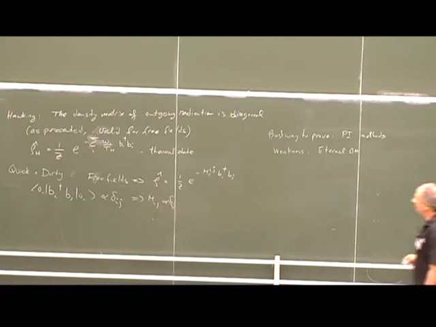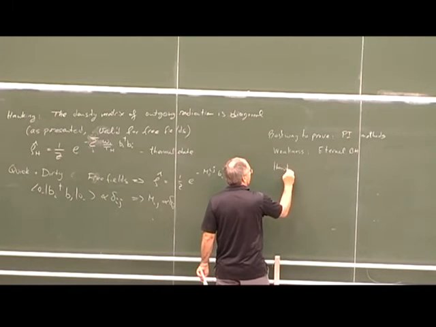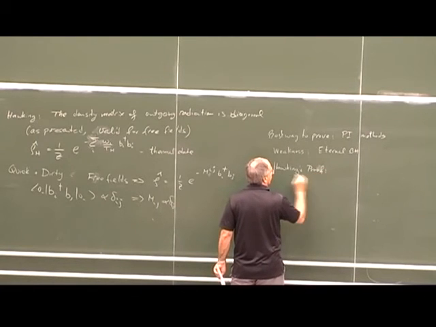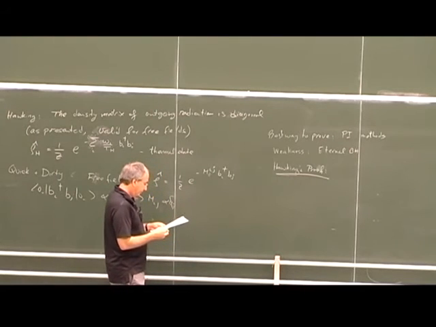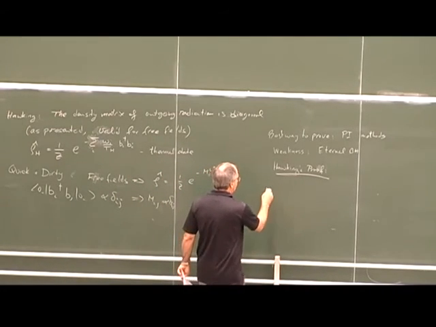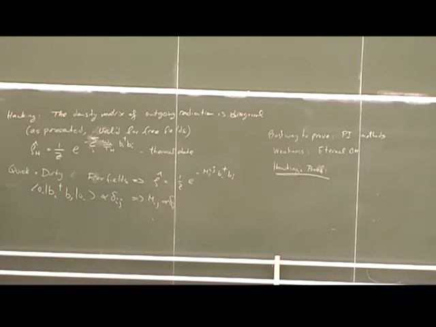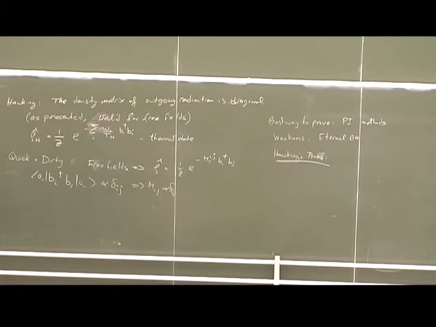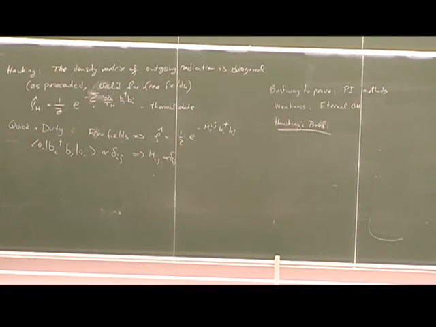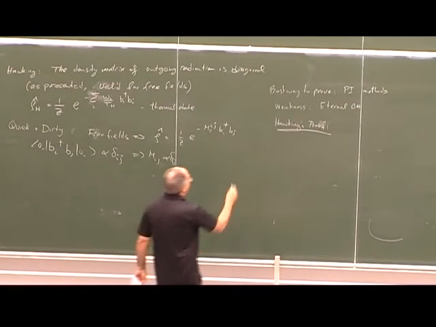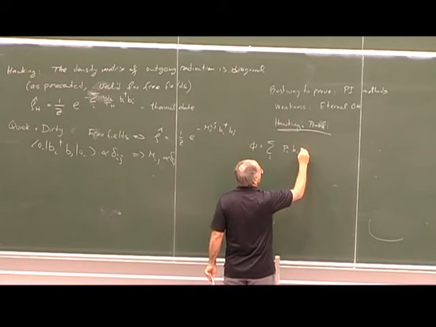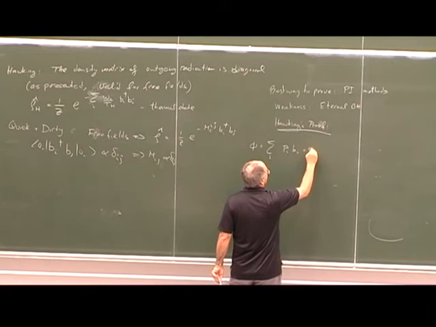Okay, so let's see how Hawking proceeds in the proof. Recall that we expanded our scalar field in the Q and P bases like so.